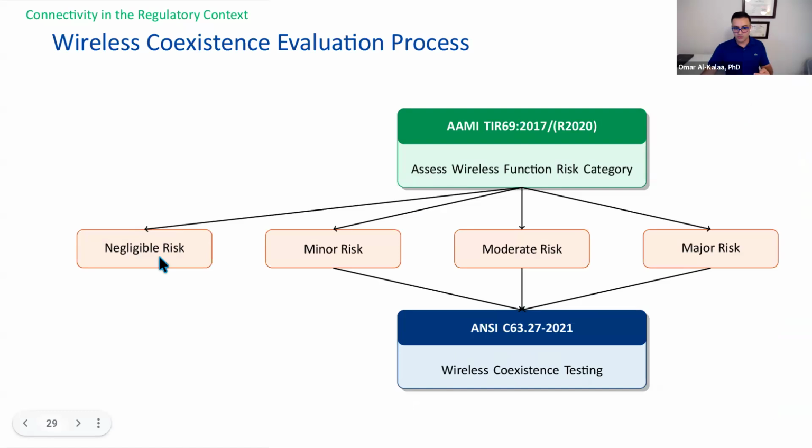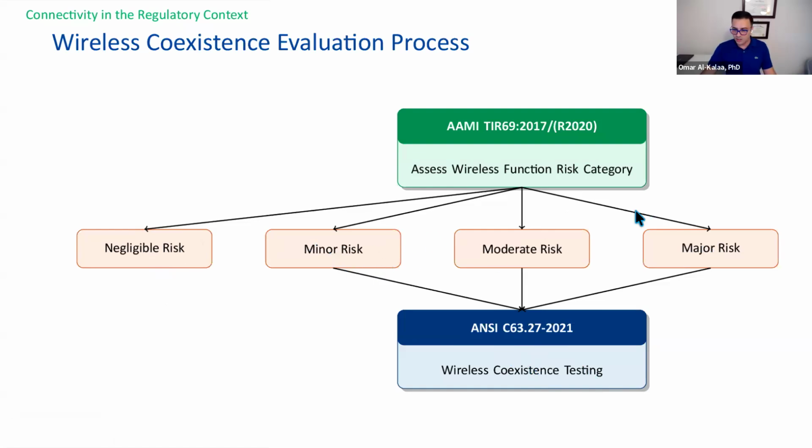You don't have to do much after that point, because the document, which is again recognized by FDA, you can see the FDA recognized standard database for an updated reference. If the wireless risk is negligible, then wireless coexistence testing is not recommended. But if the risk is anything other than negligible, so minor, moderate, or major, then wireless coexistence testing is recommended.